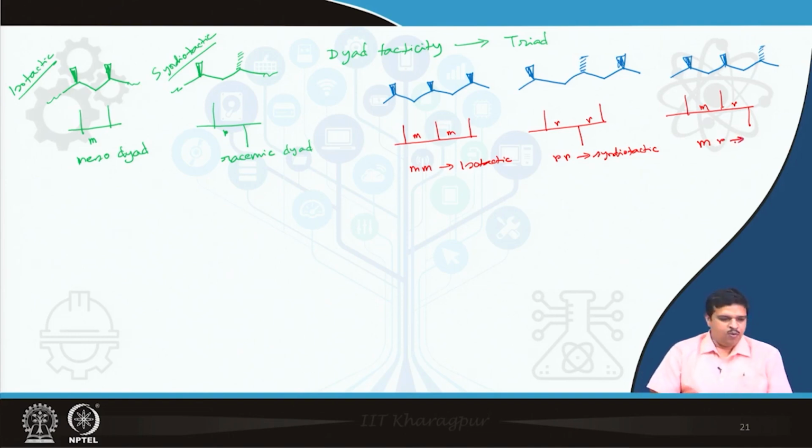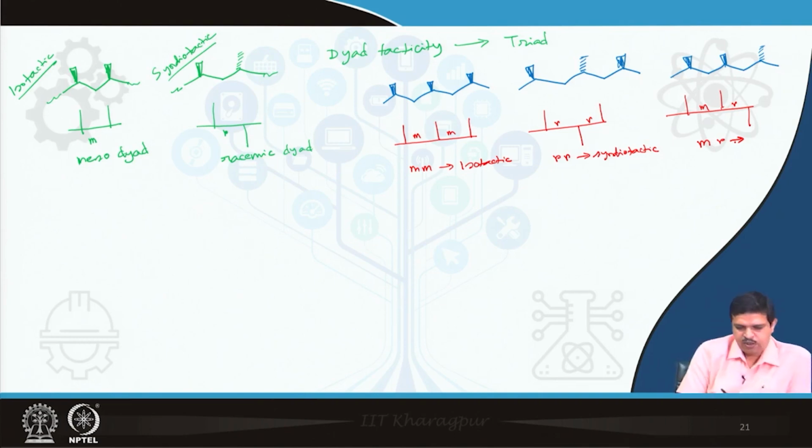Now, this we did with a very small fragment to understand. In the polymer it will be quite big. So, let us do it on a bigger chain. Just to understand, let us take 8, 9 or 10. Let us take 8. What will be the scenario?